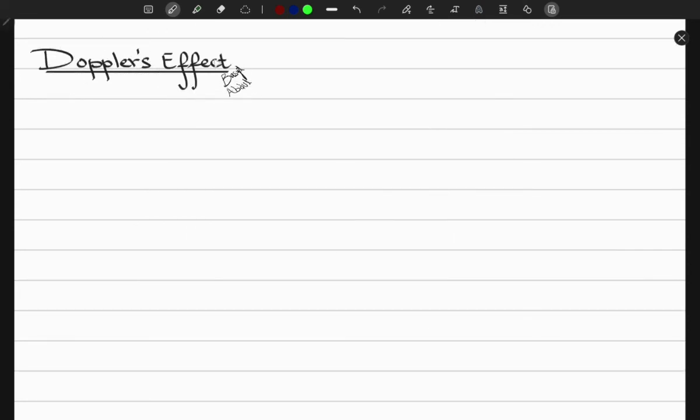Moving on, let's discuss the final topic of this chapter, which is known as the Doppler effect. You have probably encountered this before. Suppose you're standing at a point and you see a car approaching you. Suppose it's a police car with a siren on it.